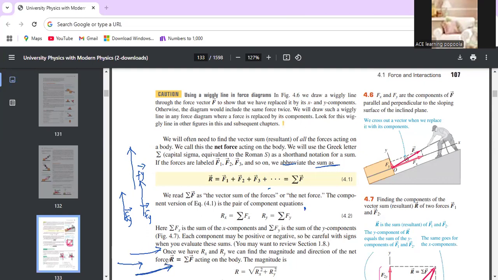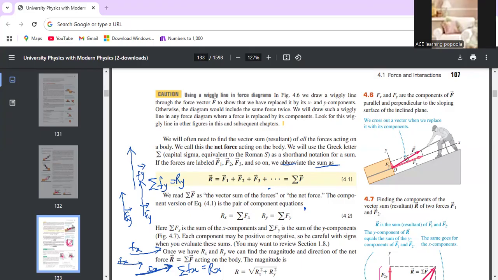Sorry for my drawing, it might not look straight because I'm using my free hand. So we have Fx, Fx, and then Fx as well. So if we were to calculate the resultant of these forces, we would first need to calculate the vector sum of the forces in the y direction, which should give us Ry, okay? And then calculate the vector sum of the forces in the x direction, which will give us our Rx.